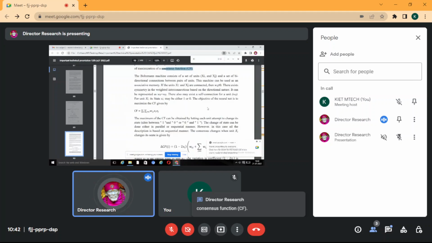Okay, a Boltzmann machine consists of a set of units and a set of bidirectional connections between pairs of units. The machine can be used as an associative memory. If units Xi and Xj are connected, there exists a symmetry in the weight interconnections and directional nature.